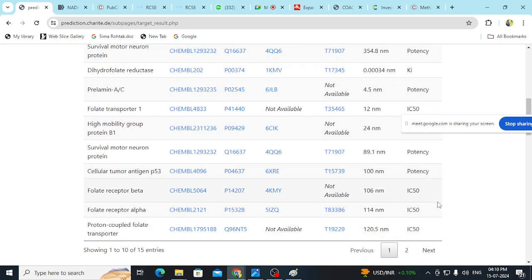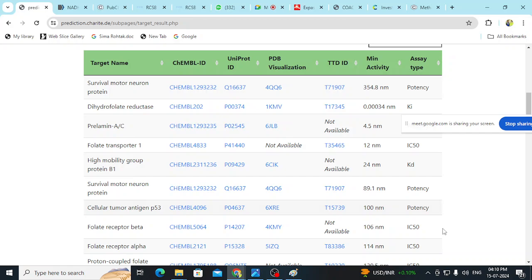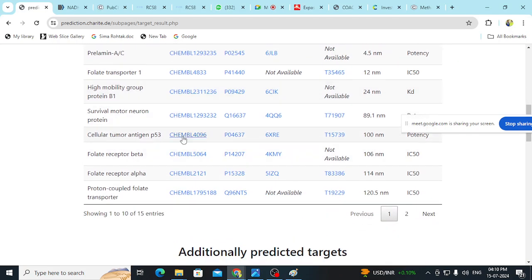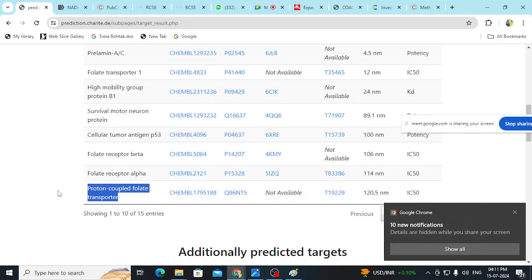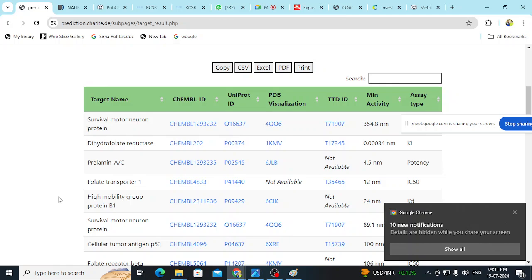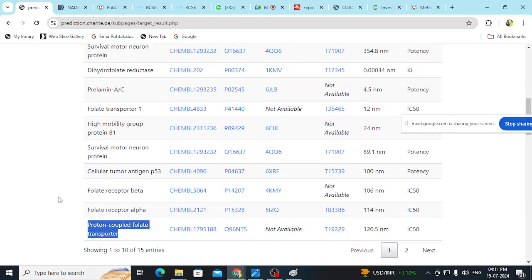So here you see, it is using dihydrofolate reductase as we have already thought of. Then cellular tumor antigen P53, but along with that, see here it is also interfering with proton coupled folate transporter. I do not have in-depth info about this particular protein, but it seems like it is having a much more broad spectrum impact. There are some more also, as you can see.